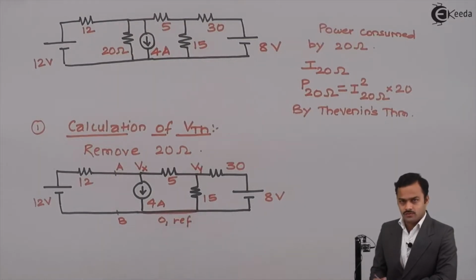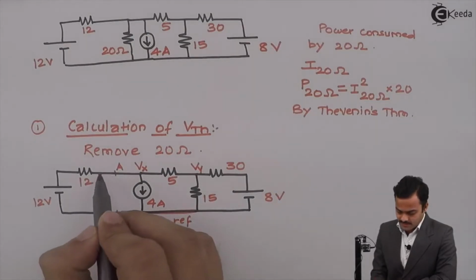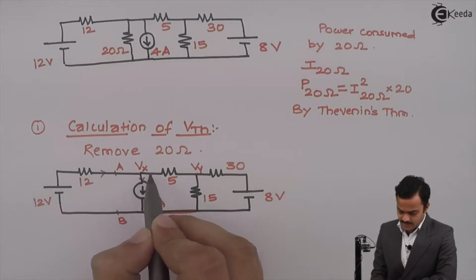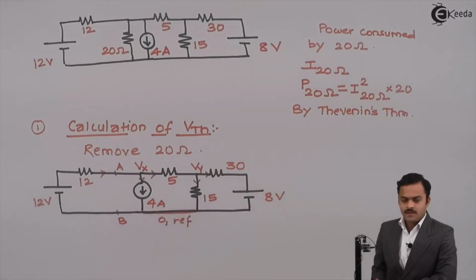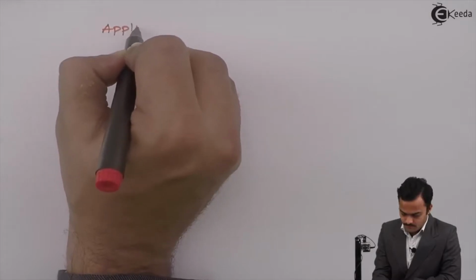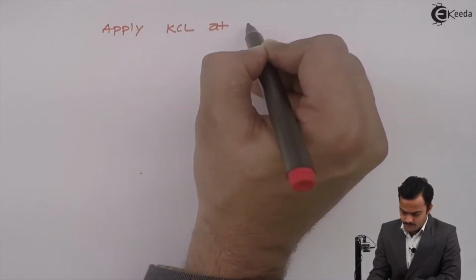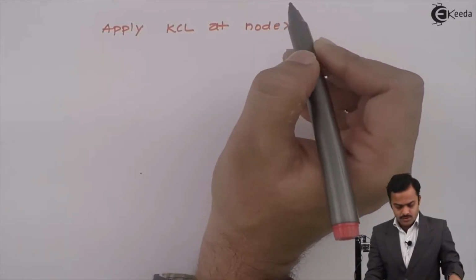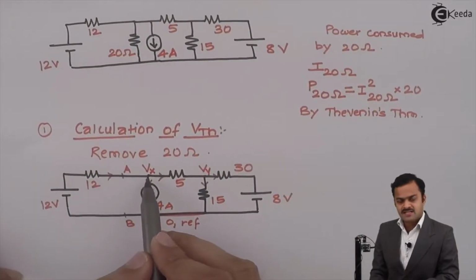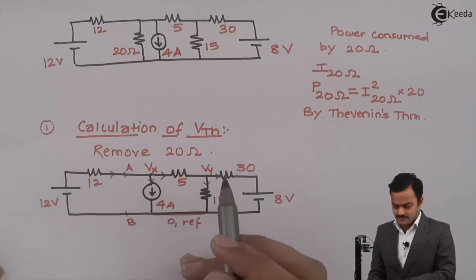Now I will give random current directions except this current source which will have a fixed current direction. So let's apply KCL at this node. At node X I am having one incoming current branch and remaining two are outgoing branches.